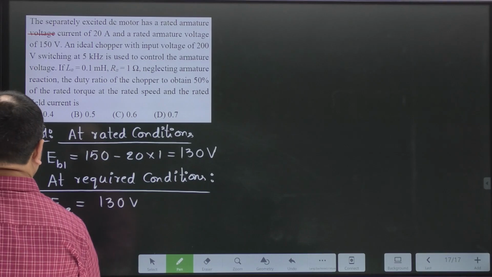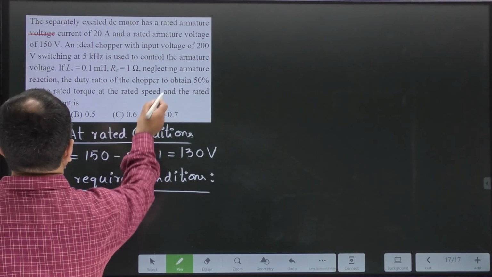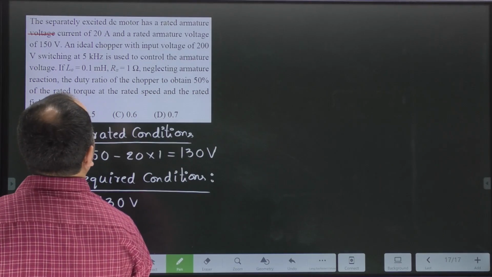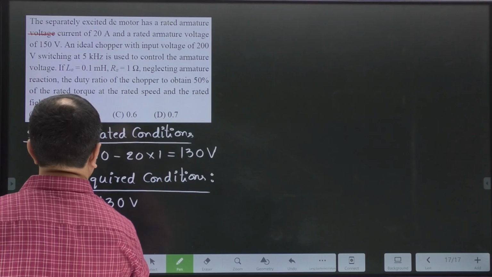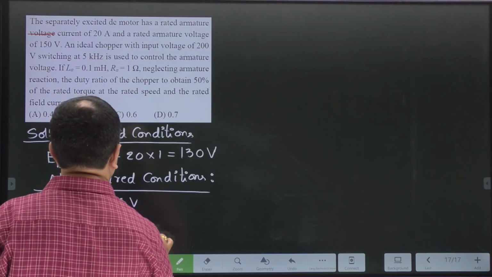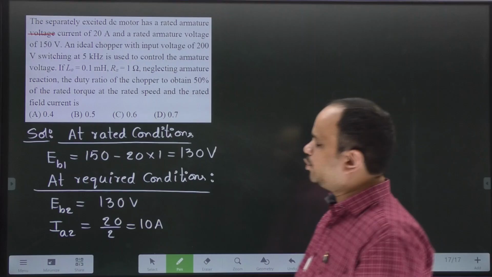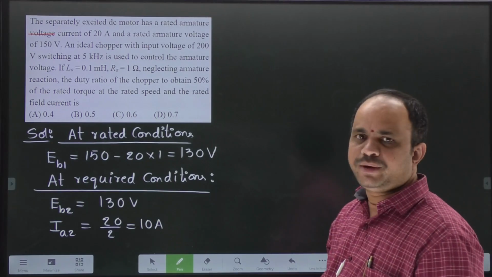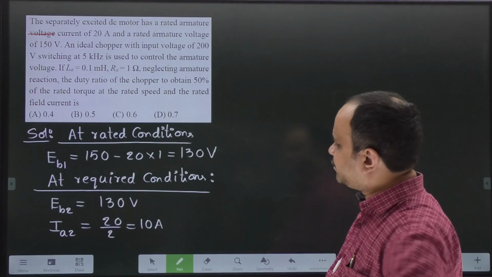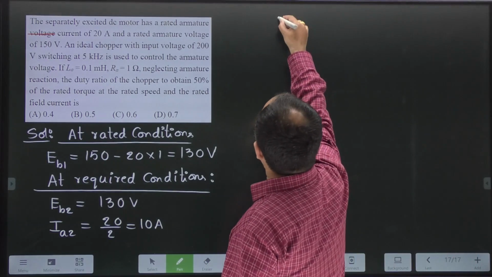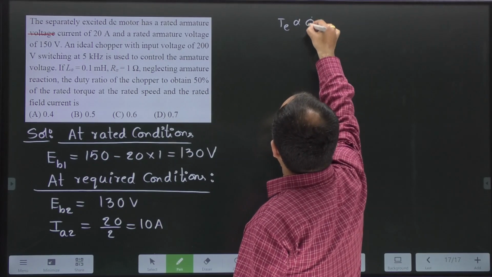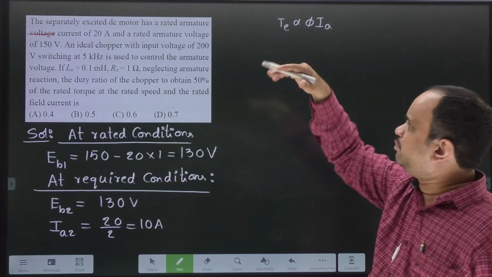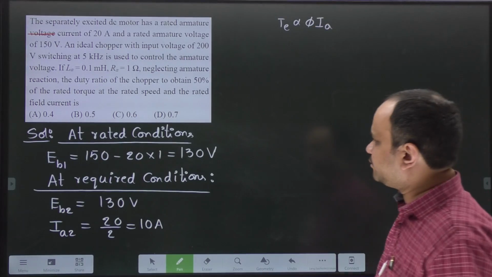But what will be the armature current? As the torque is reduced by half and field current remains same, therefore 20 by 2, 10 ampere. I hope you are following. It's a simple machines concept. As the torque is reduced by half and field current is the same, because T is proportional to flux and armature current. Flux is same, torque is reduced by half. Obviously, armature current will also reduce by half.